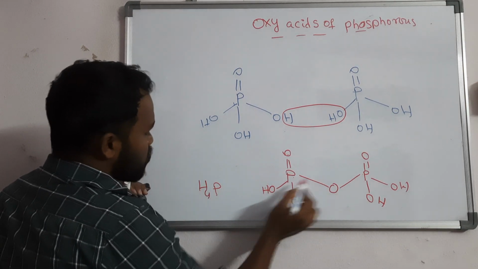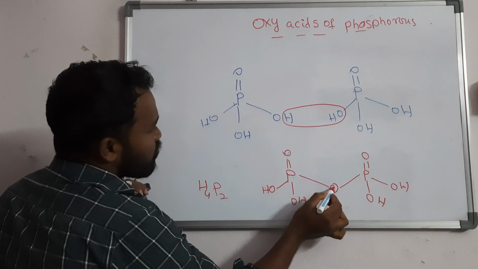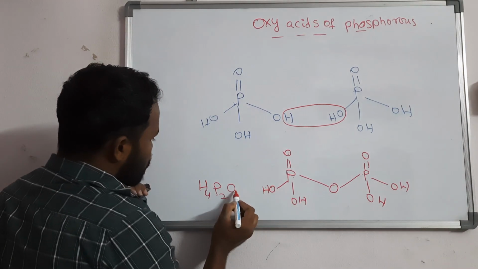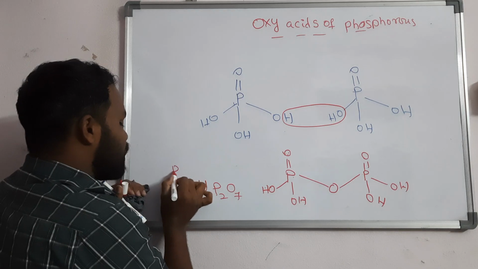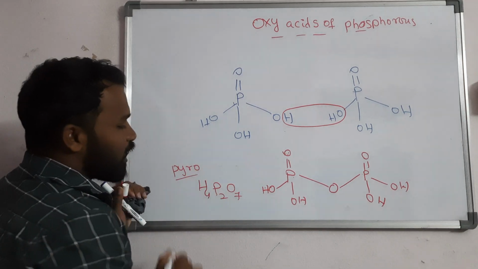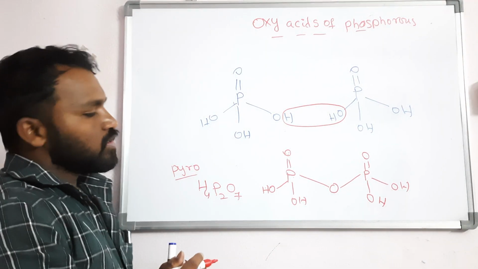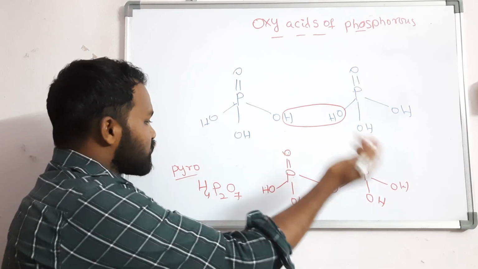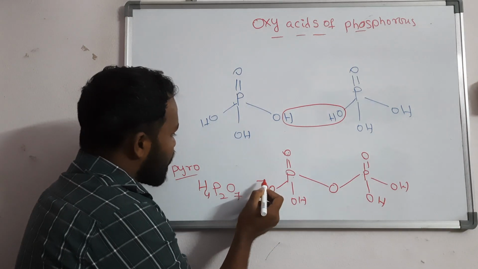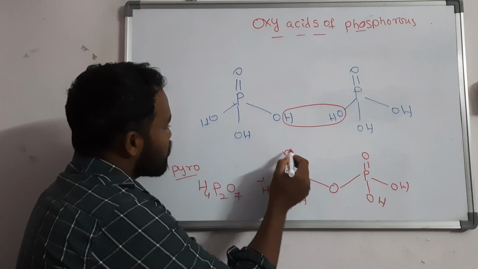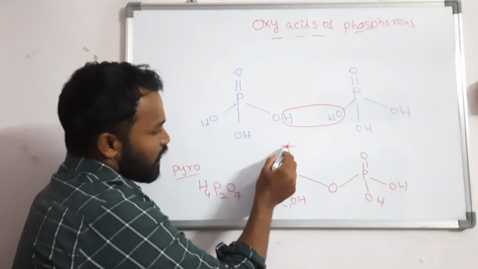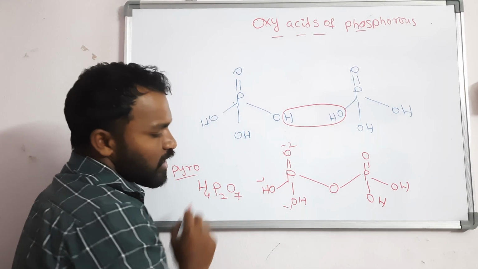P2, then 1, 2, 3, 4, 5, 6, 7 oxygens. H4P2O7. This is called pyrophosphoric acid. So what is the oxidation state for this? If you calculate: -1, this is -2, -2, -1, -3, -4.